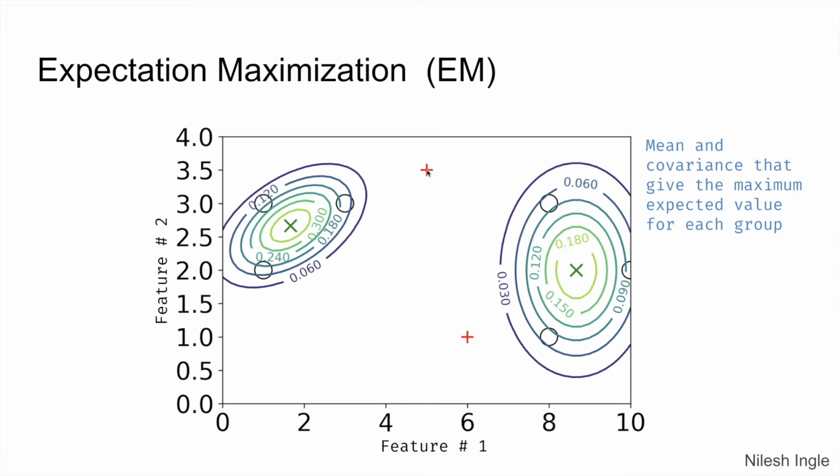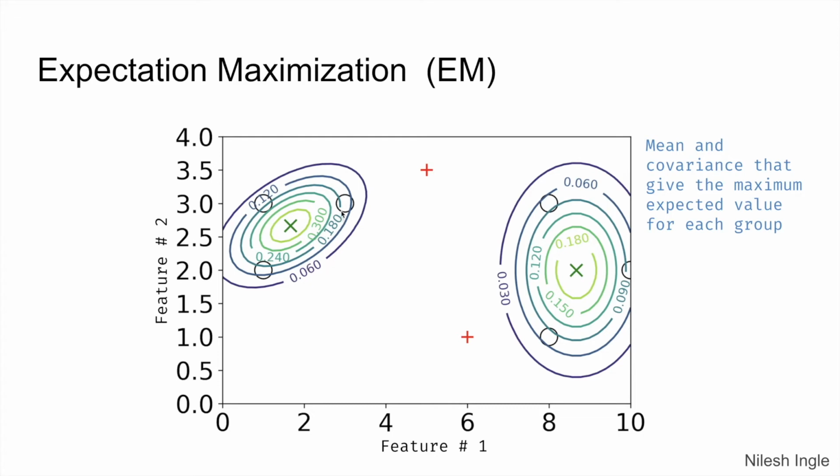We started with these data points shown here, and then we finally arrived at these locations, which are shown by the green colored X. As we can see, these are contour plots, which means that this would be a two-dimensional surface plot if we looked at it in a 3D plot, and each of these lines represents the probability density.